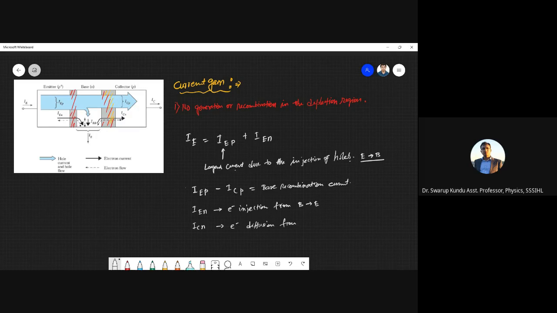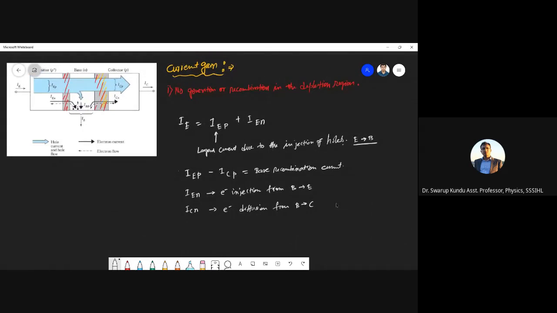From base to collector, right? Now you can write down some equation like total emitter current. I already wrote. You give equation number 1, and then you can write similarly total collector current will be ICP coming from the hole diffusion, basically from base to collector, and electron diffusion, that is ICN, right?